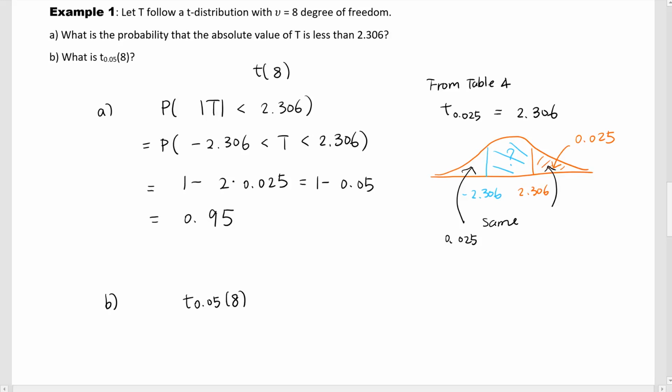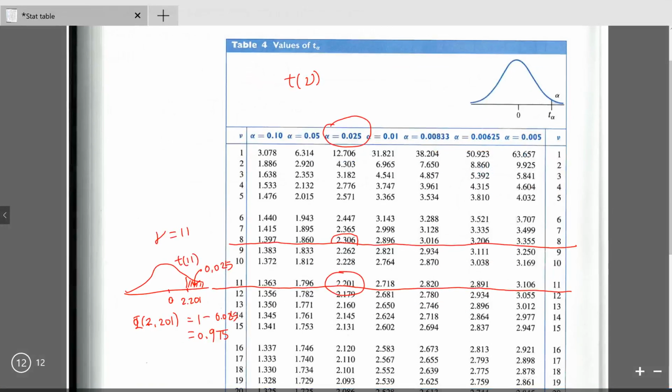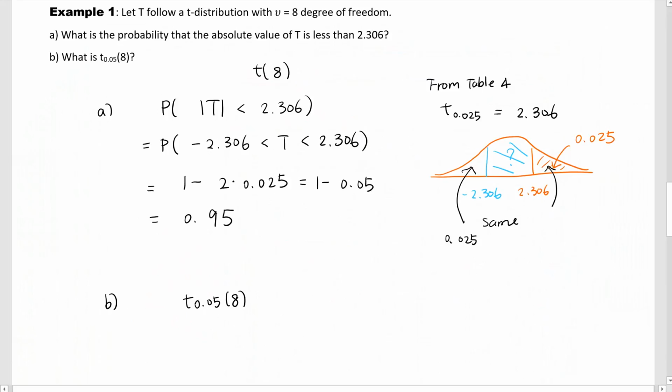Let's look at our table. That means alpha is 0.05. The corresponding t alpha value is 1.860. We get this directly from the table. So far, so good, everybody?